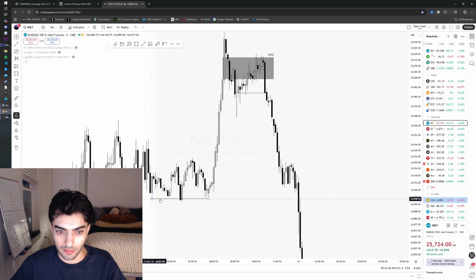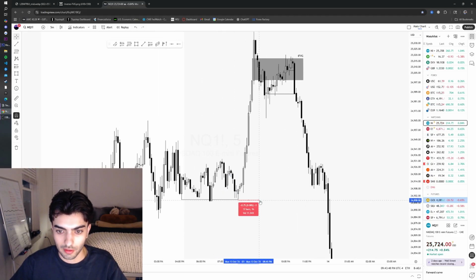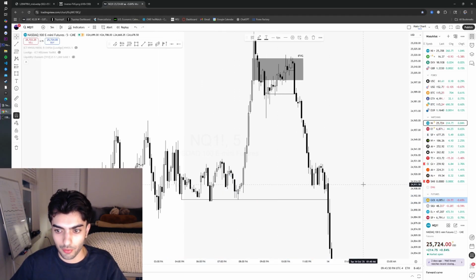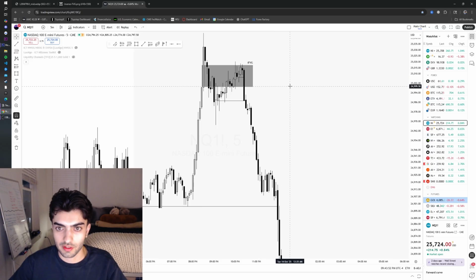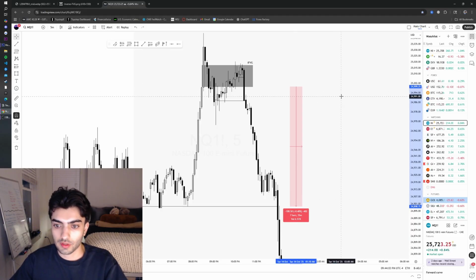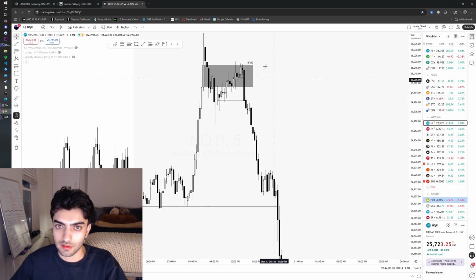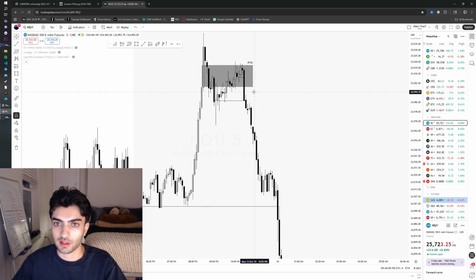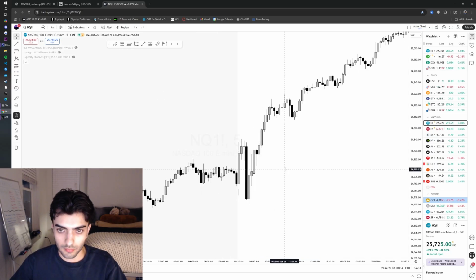These wicks are the exact same level. And what does price do? Price comes down into those equal lows. If you had taken this trade, that would have been upwards of $2,000 off of one contract, just one contract. So I use these in tandem with liquidity, which I'll throw all the concepts together in one video and explain all of that in the coming week.